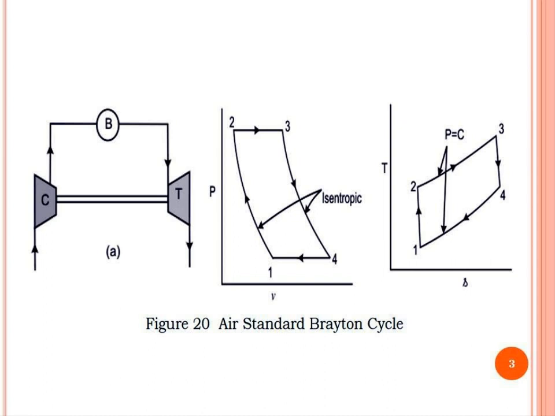Because of that, the efficiency of the open cycle gas turbine power plant is very low, less than approximately 25%. If we want to improve the efficiency of the simple open cycle gas turbine power plant, we have to go for different methods like reheating, regeneration, intercooling, or a combination of these and other methods.